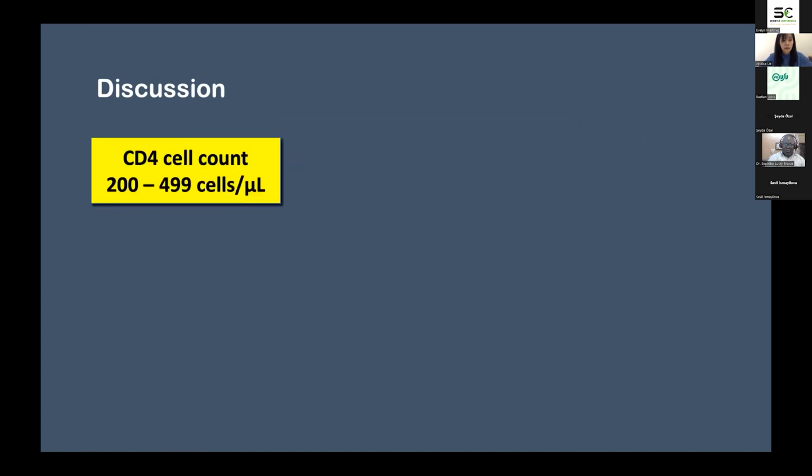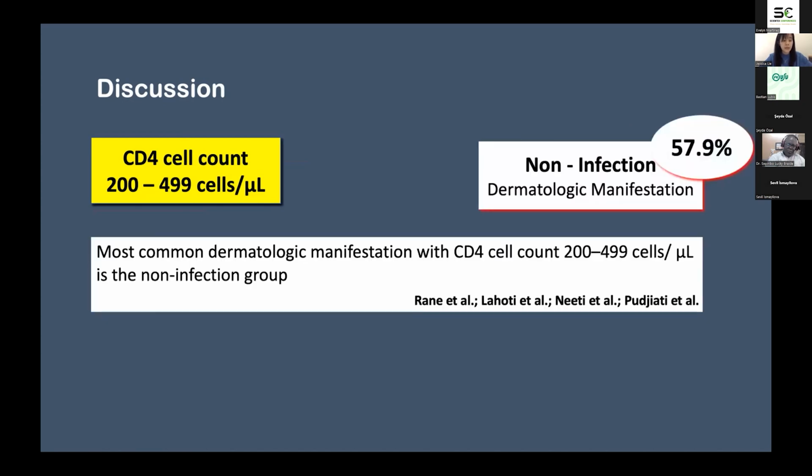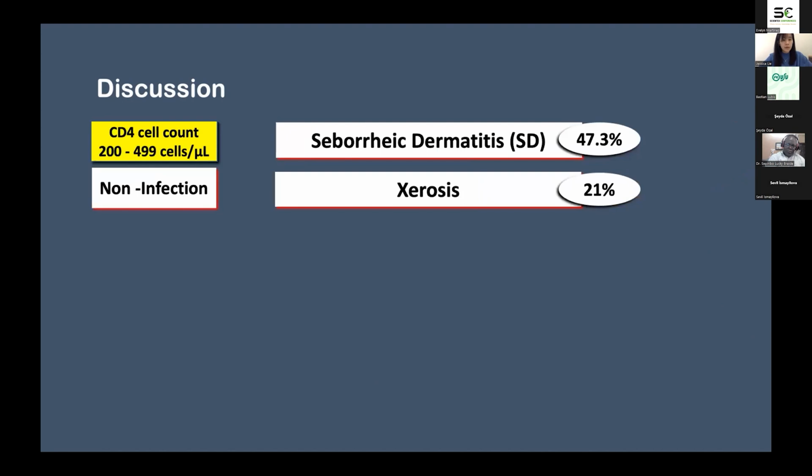The most common dermatologic manifestation in patients with CD4 cell count 200 to 499 is the non-infection group. This was in concordance with a study by Rain, Lahoti, Neti, and Pujaty. Among the non-infection group, seborrheic dermatitis was the most common dermatologic manifestation.